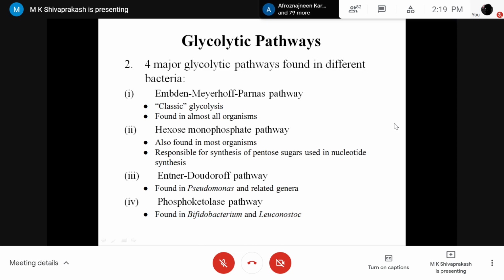In those organisms, they make use of this HMP or pentose phosphate pathway to produce 6 carbon sugar from 5 carbon sugar. And the next thing is the ED pathway.